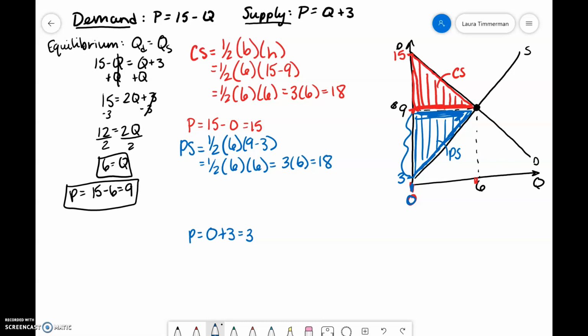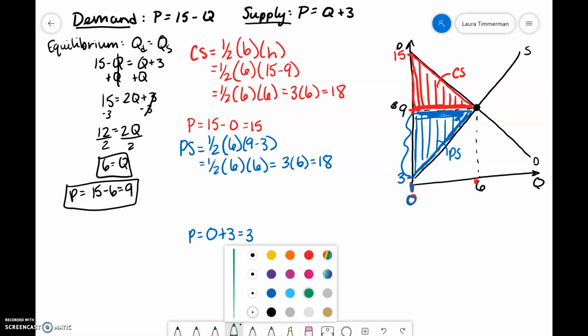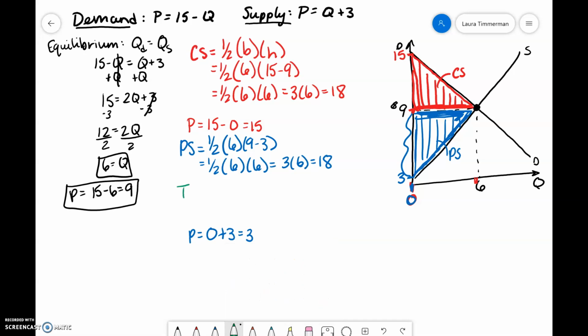The producer and consumer surplus are not always the same, they just happen to be in this event. And then lastly, our total surplus, which is just the combination of consumer and producer surplus. So that's 18 plus 18 in this example, which is 36.